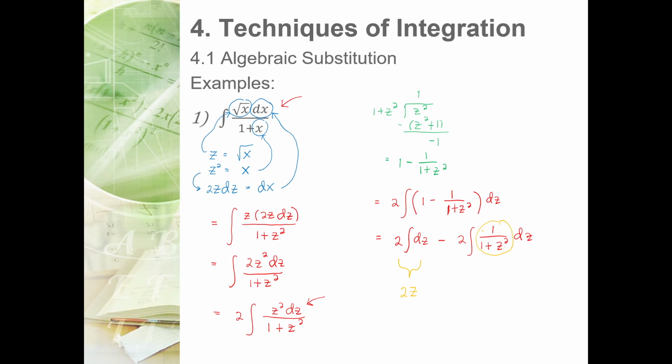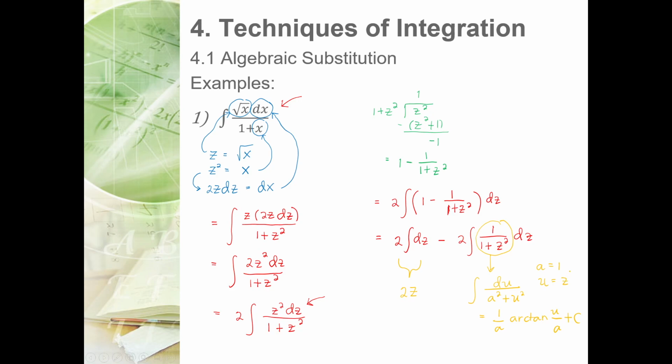And then if you recall from our previous discussion on inverse trigonometric functions, this format here is the same as your integral of du all over a squared plus u squared. And this gives us the answer of 1 over a arctangent u over a plus c, right? If you look at the given equation, our a squared is 1, so our a should be 1. Then our u is your z.